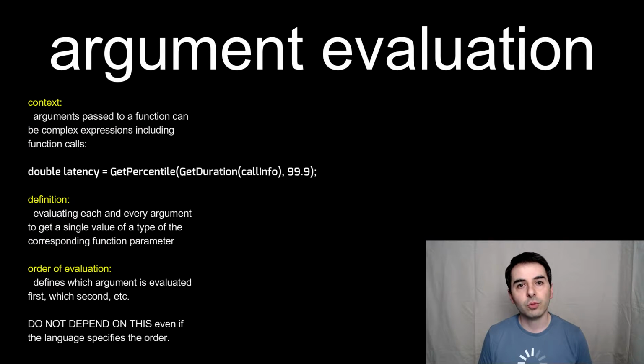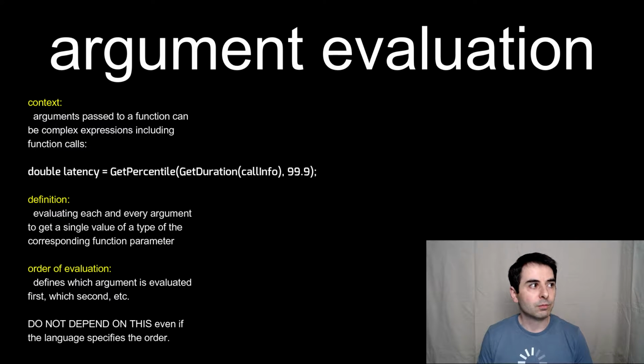And argument evaluation is basically the process of calculating the value for the given argument, which is there because usually, or not usually but most often, the arguments passed to the functions won't be just literals or single variables, but they will be expressions of some sort. It might be a function call itself.